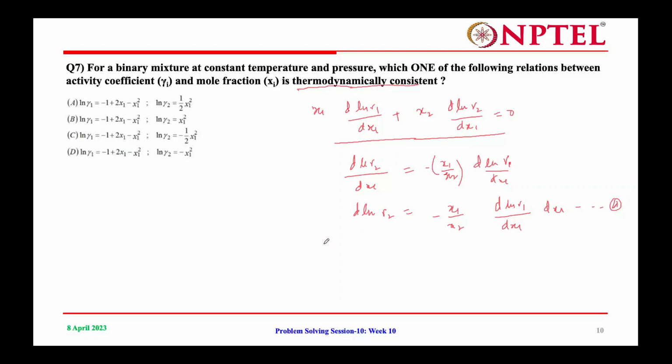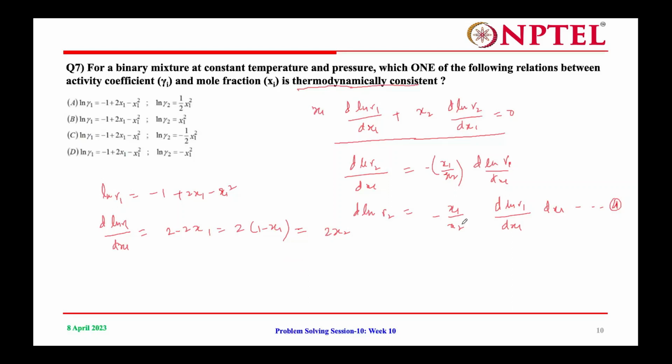Okay, this is equation 1. So now ln gamma 1 is given by twice x1 minus x1 square. Now differentiate with respect to x1. So d ln gamma 1 by dx1 is 2 minus 2x1, which is 2 times 1 minus x1, so 2 x2, right?